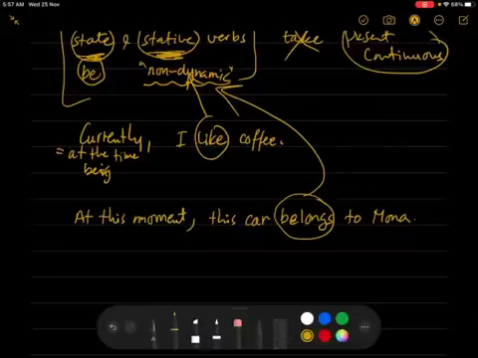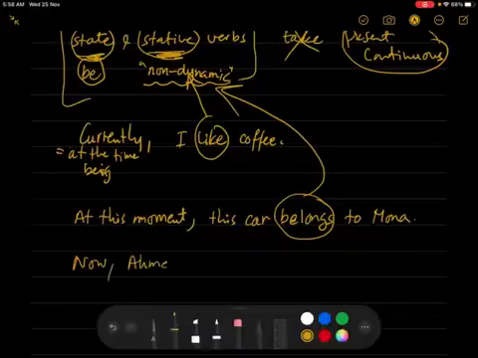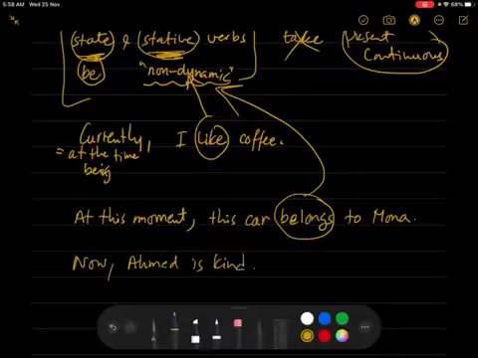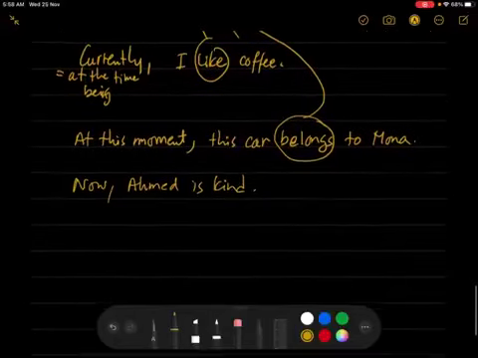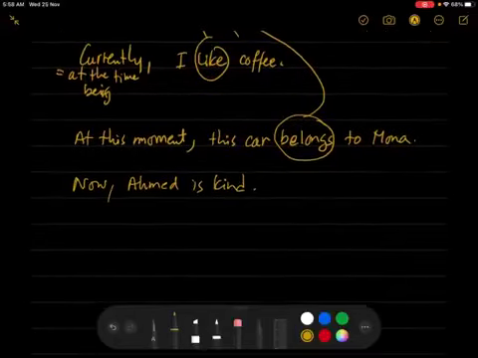So also verb to be. Let's use verb to be. We cannot say Ahmed is being kind. We can say now Ahmed is kind. We cannot say Ahmed is being kind. Okay?